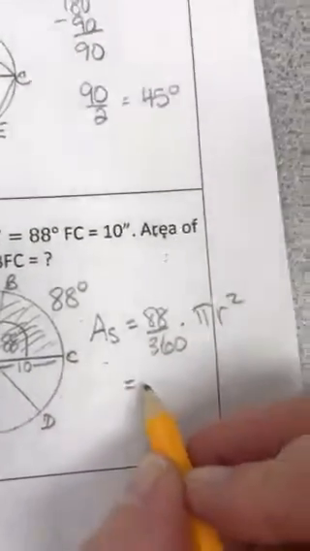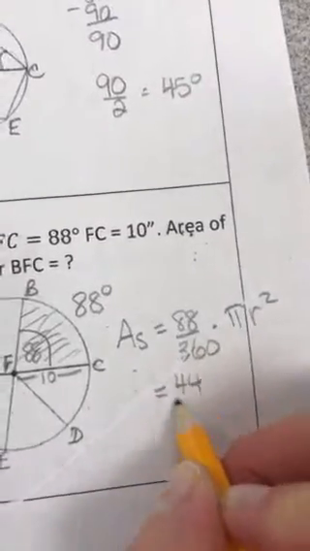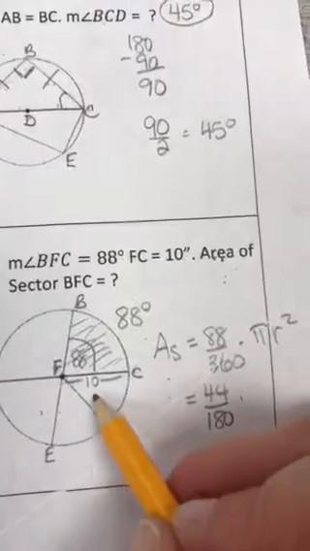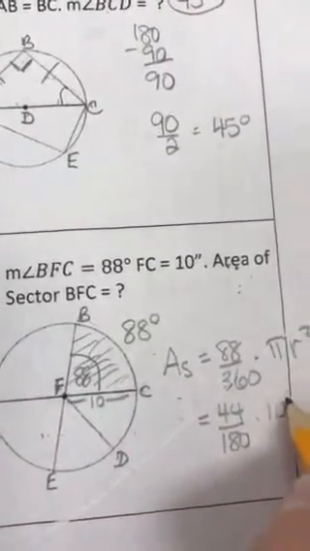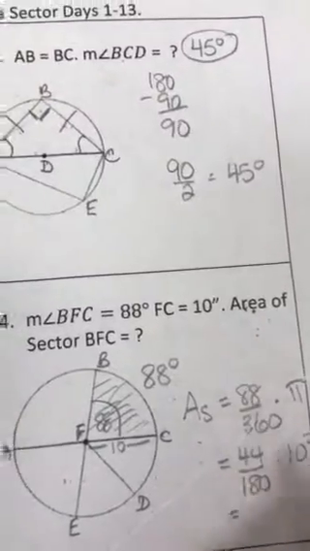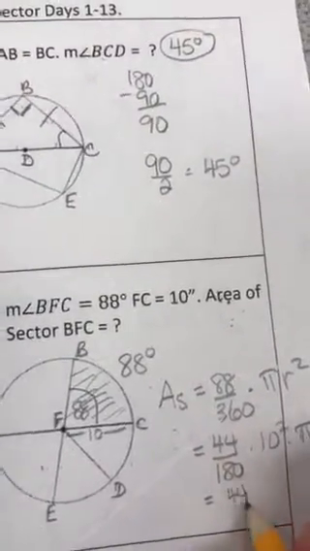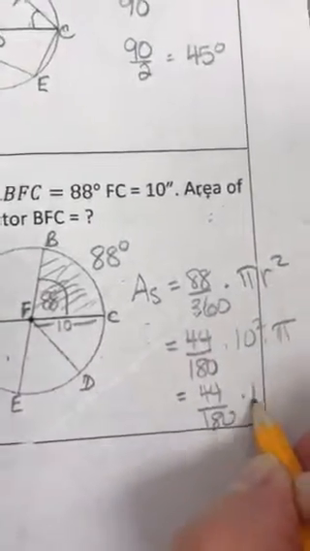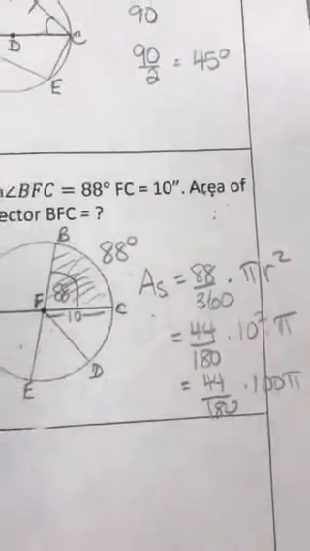And we can reduce this again, 44 over 180 times the radius is 10, so 10 squared times pi. And that's 100. So 44 divided by 180 times 100 pi.